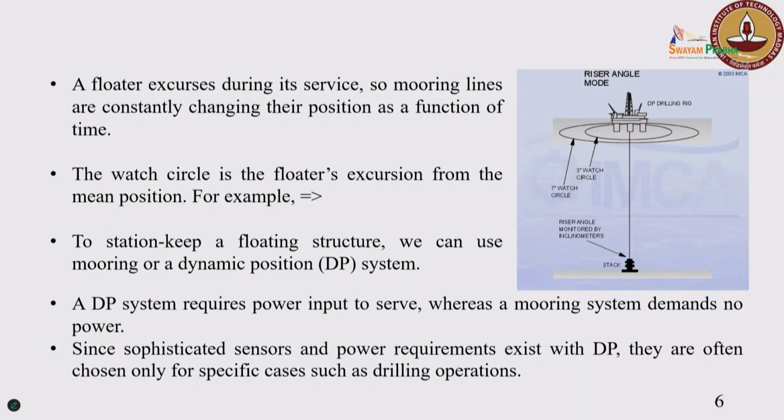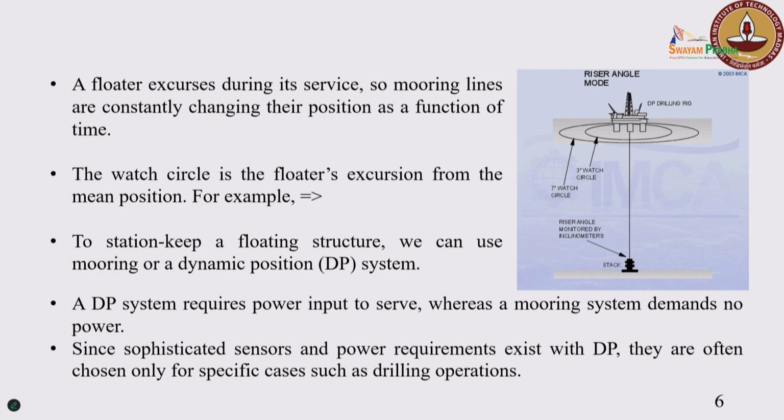For drilling operations the dynamic positioning system is used because you want it to be very precise in place, correct? For which you are inputting some power. Whereas for a mooring system you don't need any power to be supplied; you just connect some kind of wire rope, depending on what water depth you are handling. Depending on the type of operation, the dynamic positioning system comes into the picture.